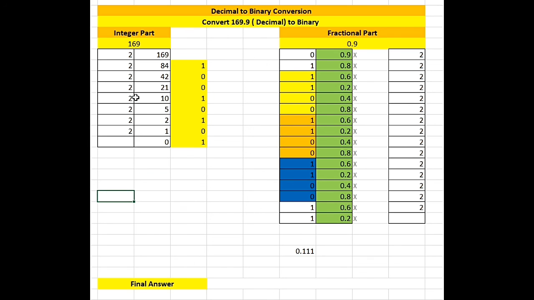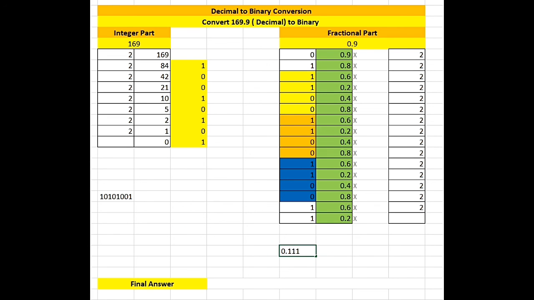We have to go from the bottom to the top, so the answer is 1 0 1 0 1 0 0 1. This is the final answer to the integer part. The final answer to the fractional part is 0.1, this one, right?